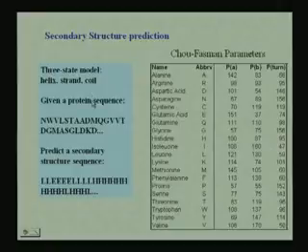Because what do you want to do? You have your protein sequence. You want to know where your loops, this is L, that is another notation that is also used apart from C, so you want to know where the coils are, or the turns, or the loops are. You want to know where the helices are, and you want to know where the sheets are.